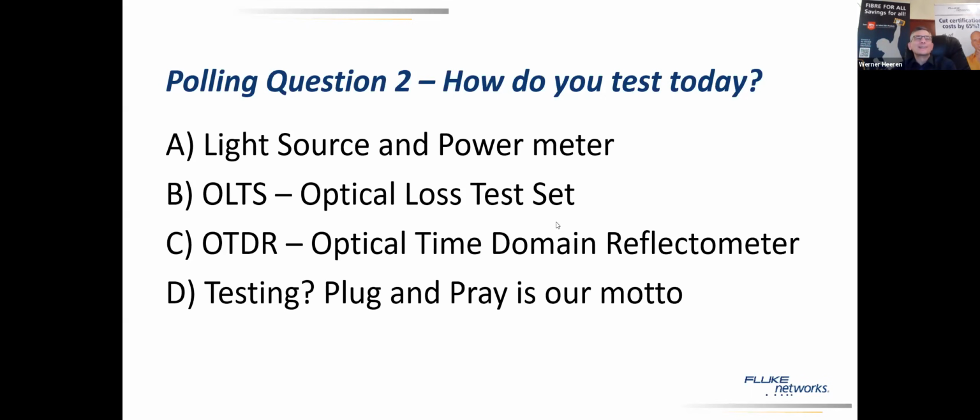An optical loss test set will also measure the length and calculate your total loss as a function of the length against the limit. So this is a little bit more sophisticated and can do more than just a light source and power meter test. Maybe you do both. In PON installations you have only one fiber, so it's a little bit challenging to include that length, but you can do that through your budget calculation.